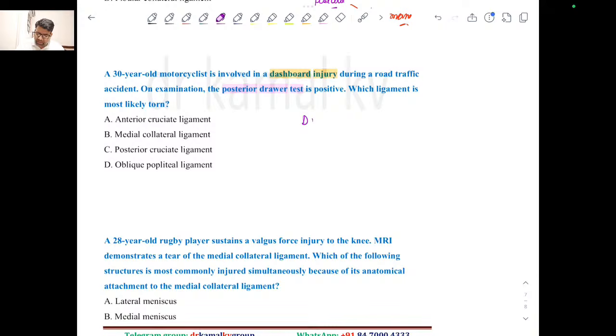There is a dashboard injury and a positive posterior drawer test. Clear? So the answer is posterior cruciate ligament. So see, this topic is very important but very easy to score. So please understand the concept and don't make any mistake.